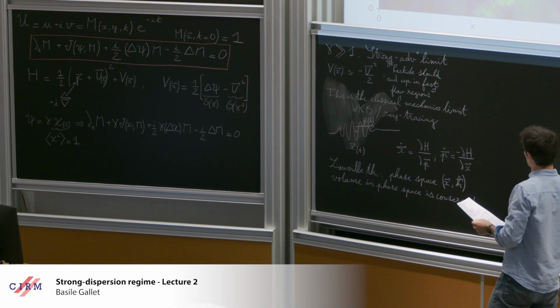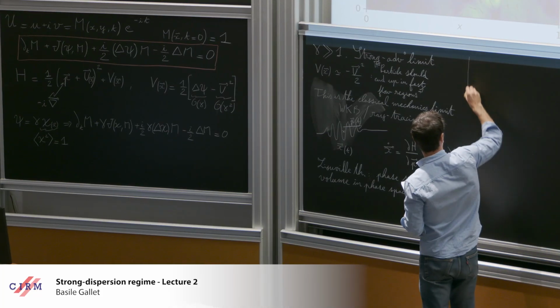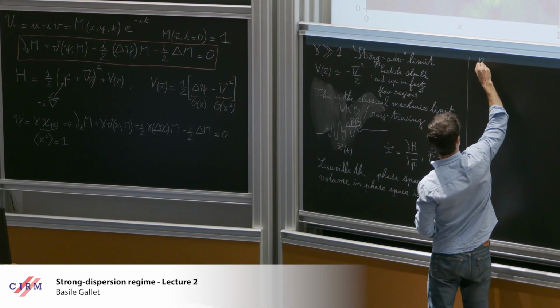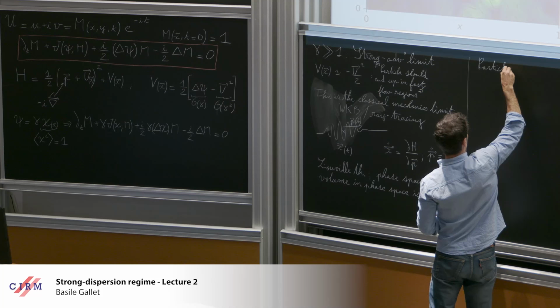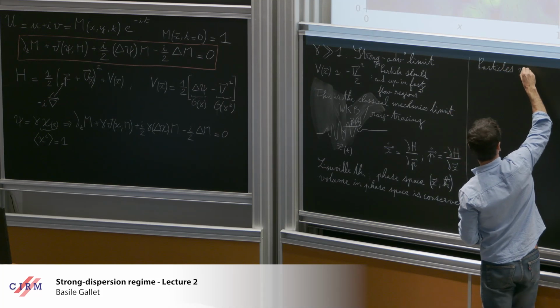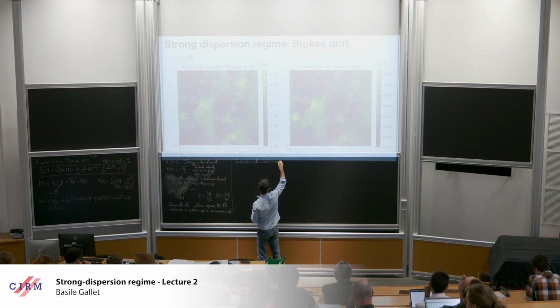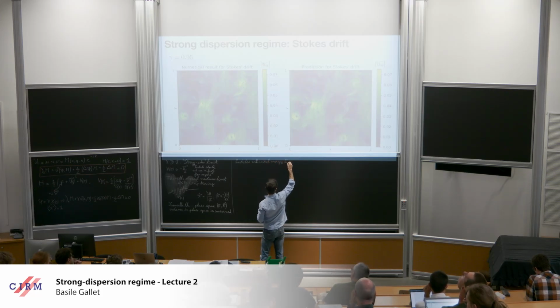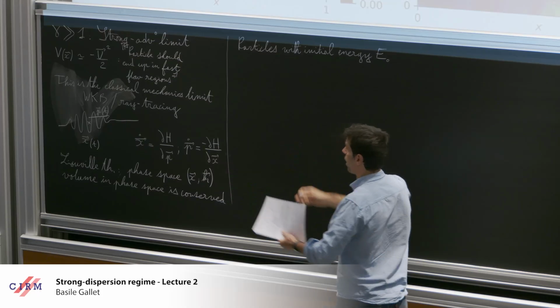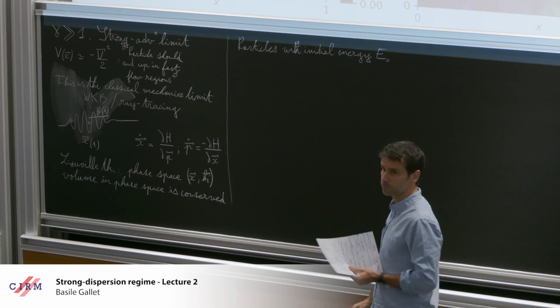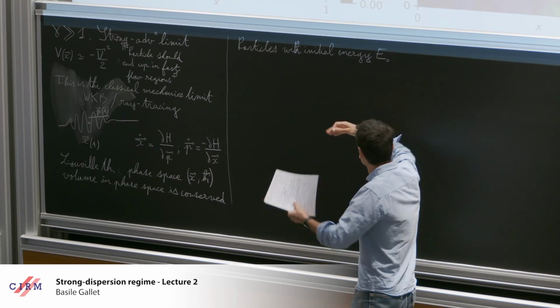Okay? So now particles, I'm going to consider particles with initial energy E0. So that's the initial value of the Hamiltonian locally for that particle. And this value is conserved.